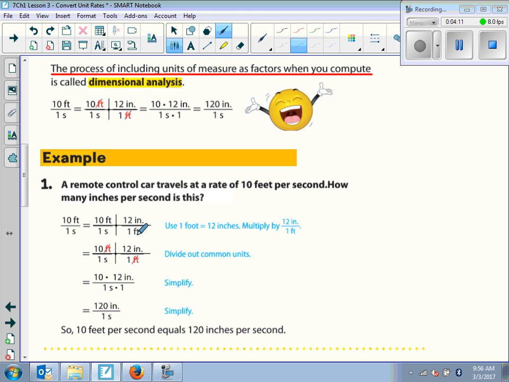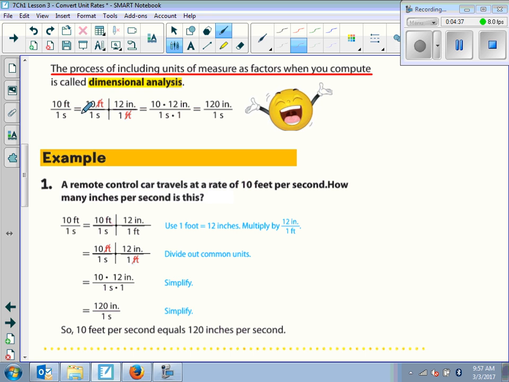And remember, you're going to place it in your T-chart so that feet will cancel with feet. So if you have feet in the numerator, when you place it for multiplying, you're going to put feet in the denominator. So here, feet and feet will cancel. Is everybody clear with that? All right.